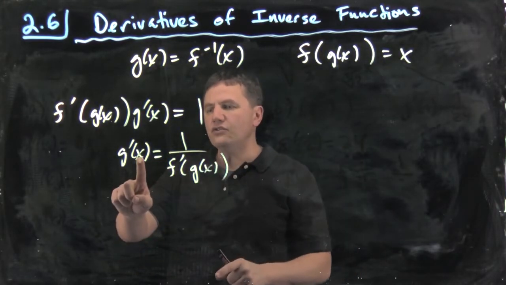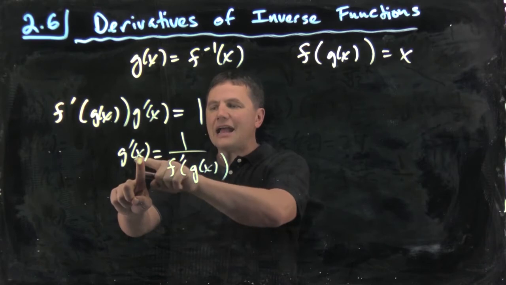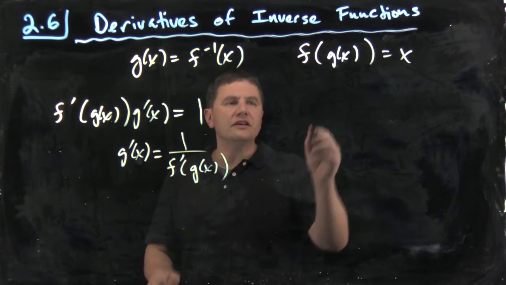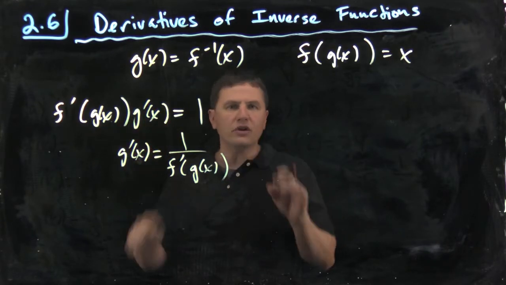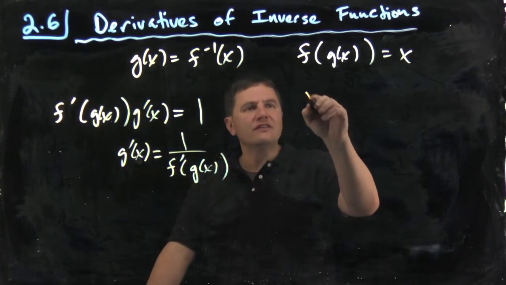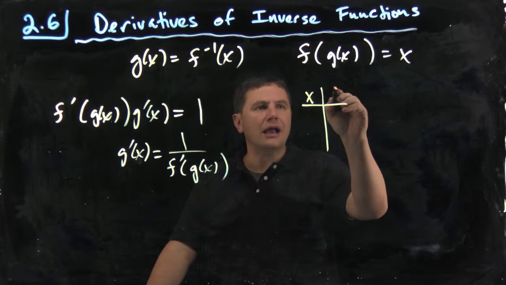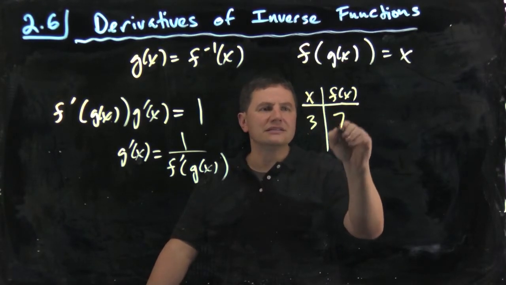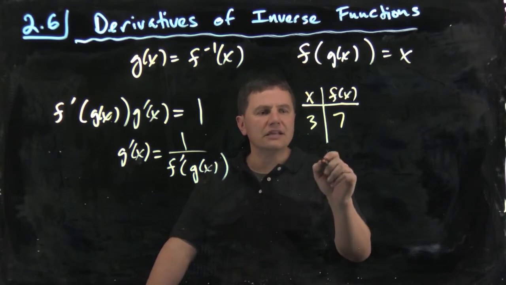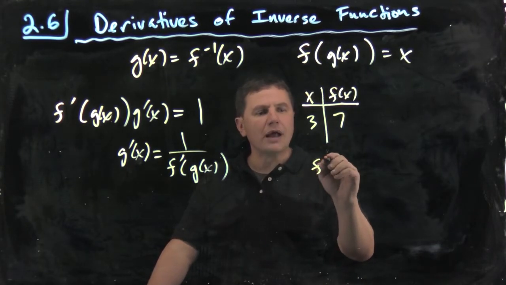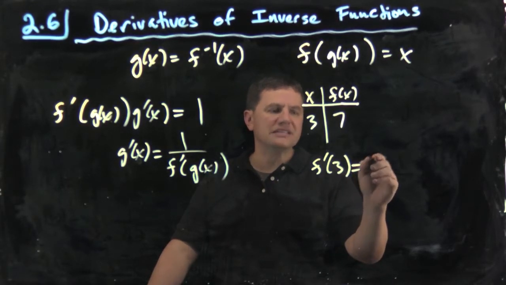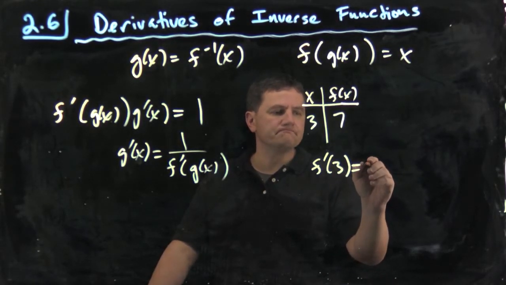Now the thing that's confusing here is it's not input to input, it's input to output. So what that means is, let me show you one to confirm that this works. Let's say I have a function f of x, and it takes 3 to 7. And let's say I know that f prime of 3 is equal to 5.